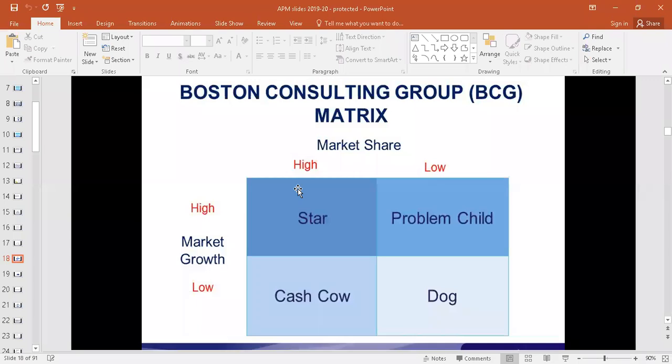On the left side it is high, on the right side it is low. High means that as of now they have captured a very good amount of the market. Low means that until now they have not captured the market, they do not have a good customer base, and they have not sold their products to many customers.